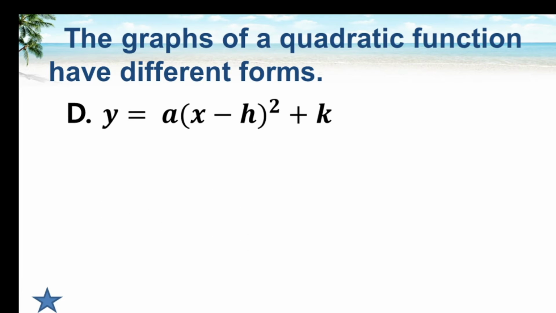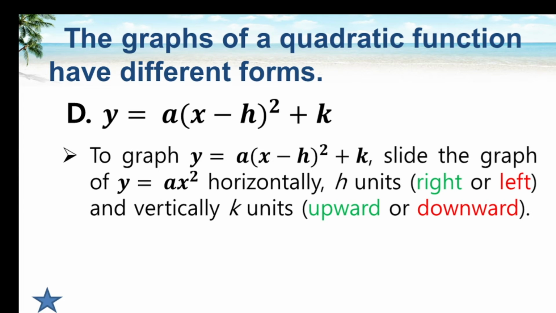The fourth and last form is y = a(x - h)² + k. This is the vertex form of the quadratic function. To graph this form, slide the graph of y = ax² horizontally h units, right or left, and vertically k units, upward or downward.